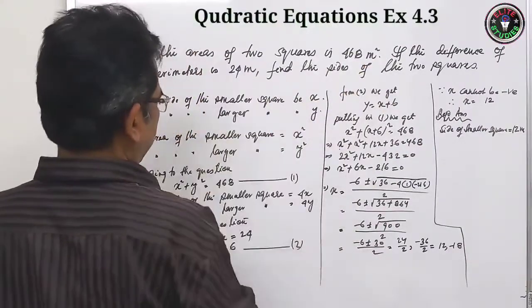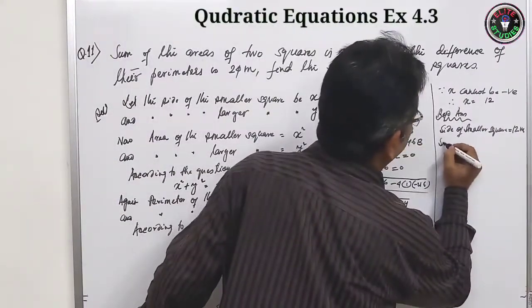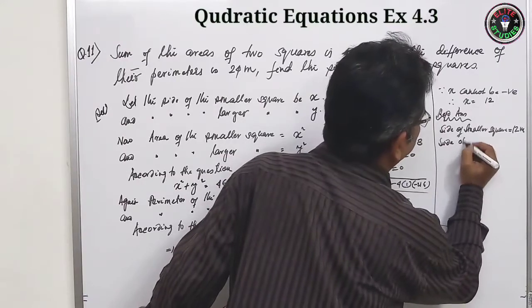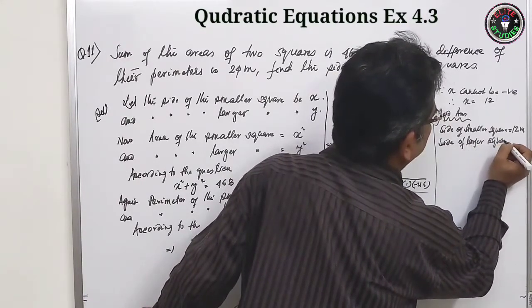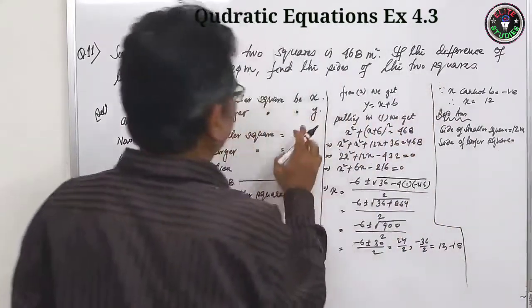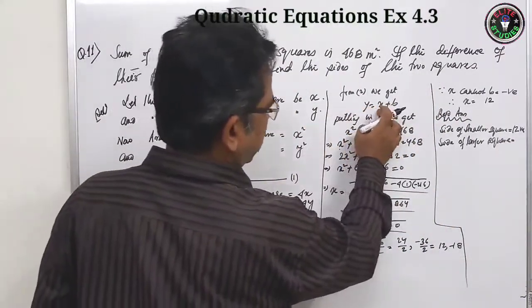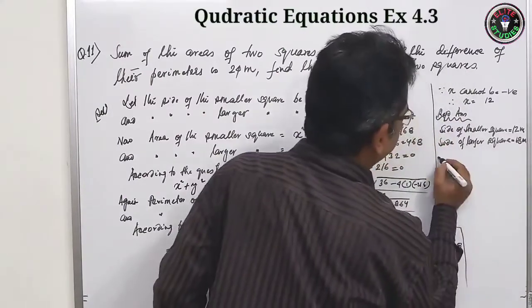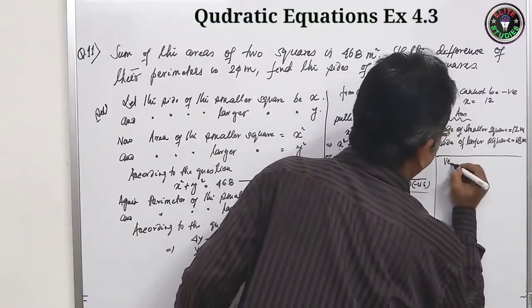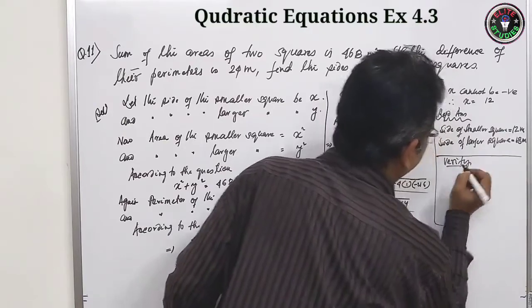And the side of the larger square is y, and y is equal to x plus 6, which is 12 plus 6, 18 meter. You got it? Now let us verify.